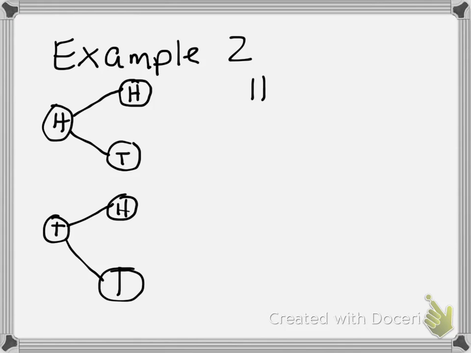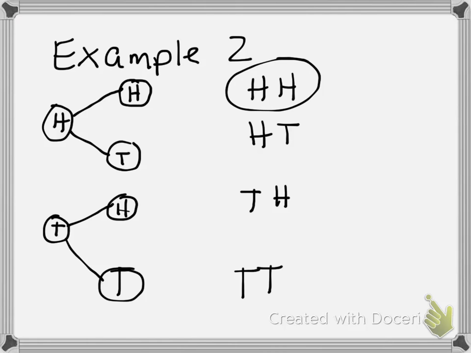You can have a heads and a heads, which took the top path. Taking the middle paths, we can have a heads and a tails, or a tails and a heads, or we can have a tails and a tails. So if we wanted to find the probability of the coin landing on heads both times, we have 4 different outcomes, but only one is going to be heads both times, so our probability would be 1/4.